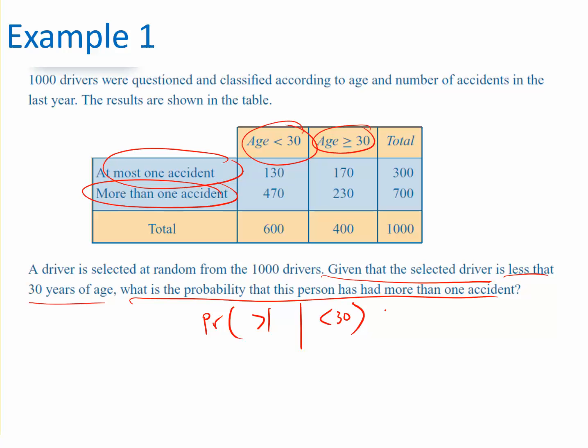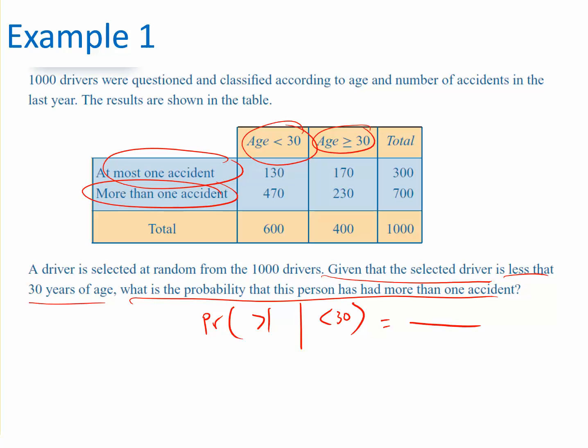So if I do this mathematically, or just look at the table, how many people are less than 30 already? Out of 1,000, I already know 600 are less than 30. So I know 600 people out of the sample. How many of them had more than 1 accident?